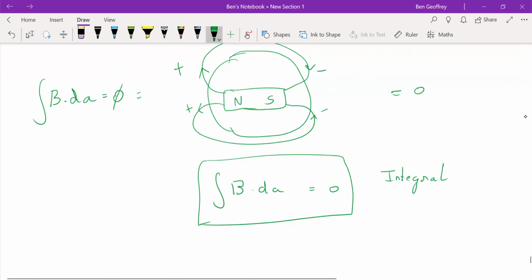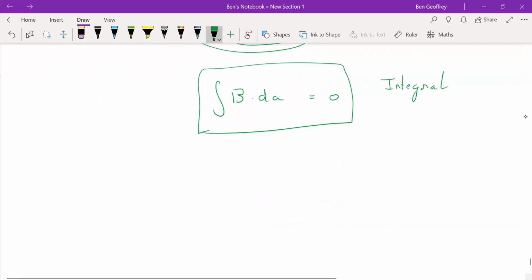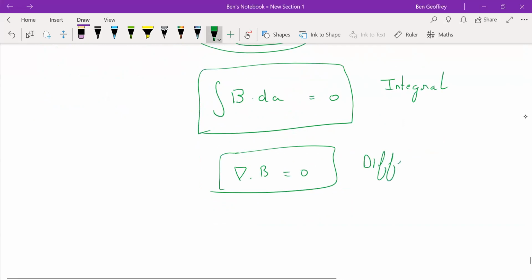In differential form, you just apply the Gauss divergence theorem, and it becomes del dot B is equal to 0. This is the differential form.